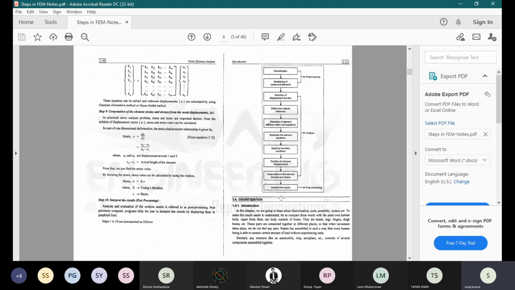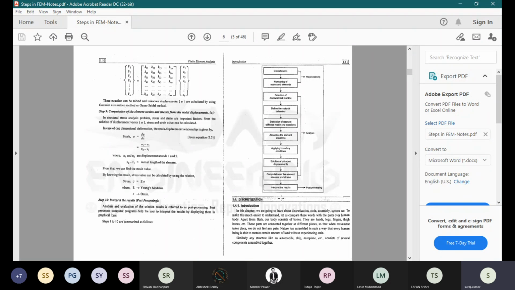Because here we are trying to solve the deformation, or the reaction force developed, the stress developed across a geometry, and the geometry has physical significance. It may be aeroplane parts, it may be a fluid flow situation, anything it may be. So interpretation is also important here after completion of the analysis.